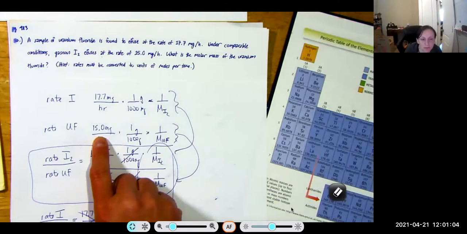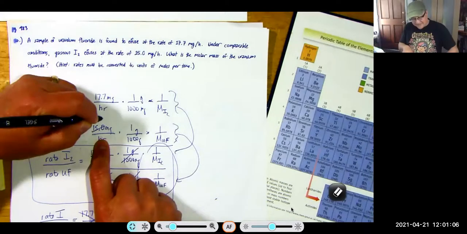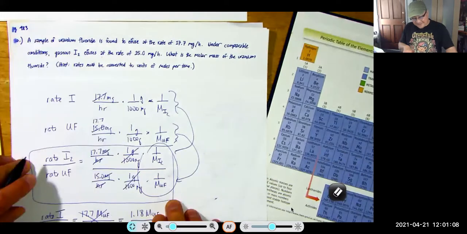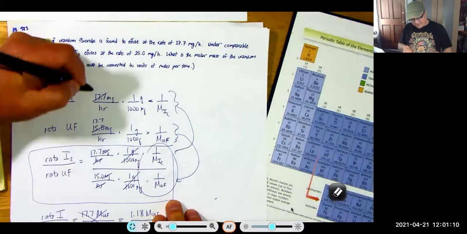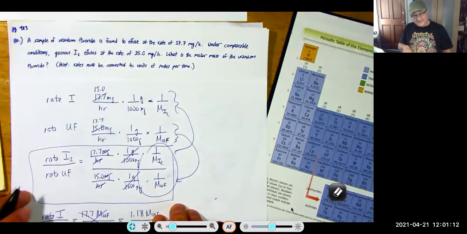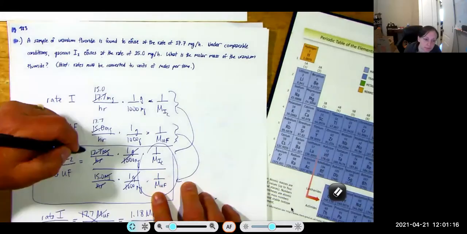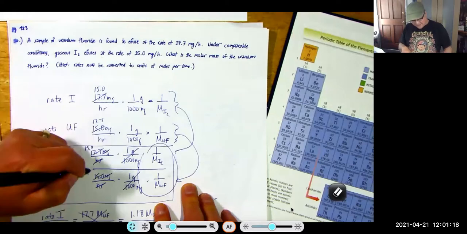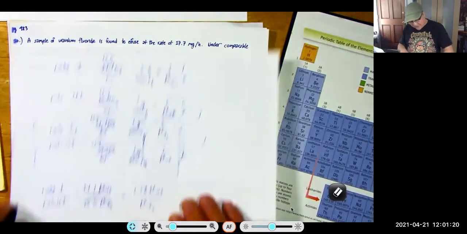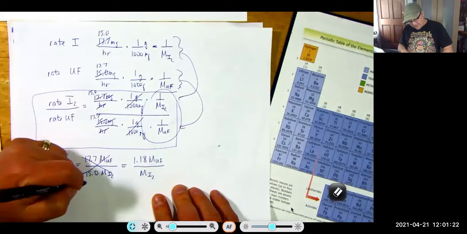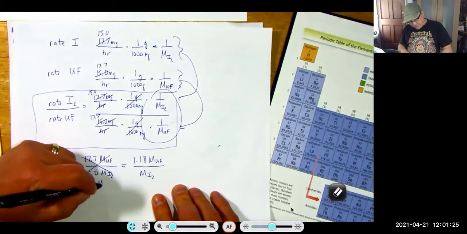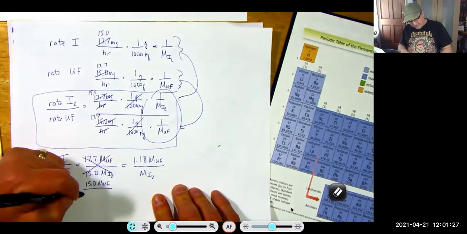That's 17.7. See that? That's 15.0. So that means this is 15.0 and this is 17.7, which means this is really 15.0 over 17.7.